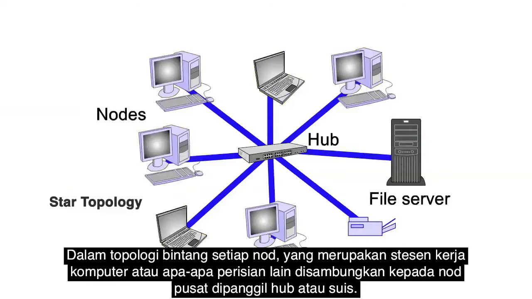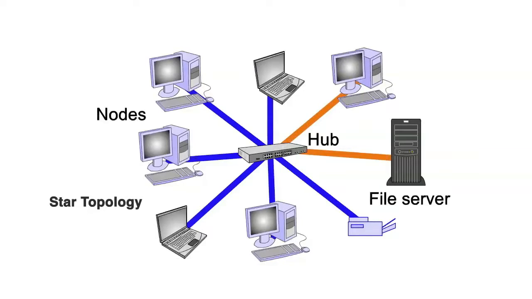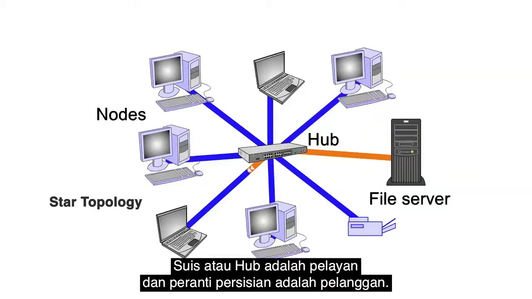In star topology, every node, which are computer workstation or any other peripheral, is connected to central node called hub or switch. It can be visualized as a hub connected to the spokes in a wheel. The switch or hub is the server and the peripherals are the clients.